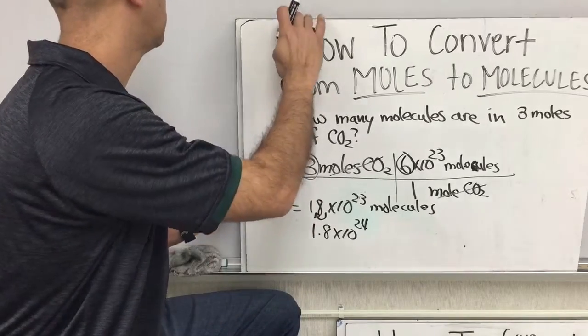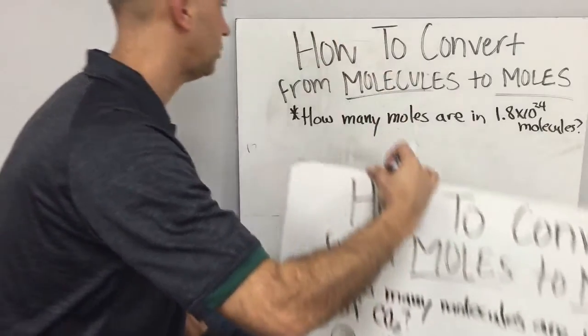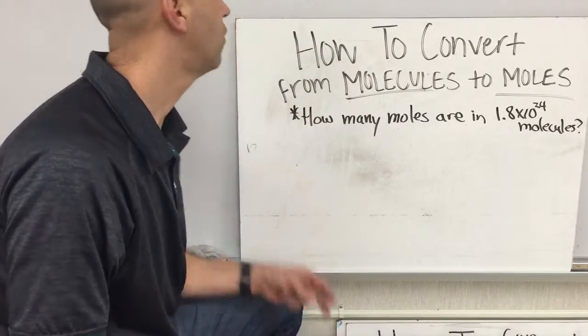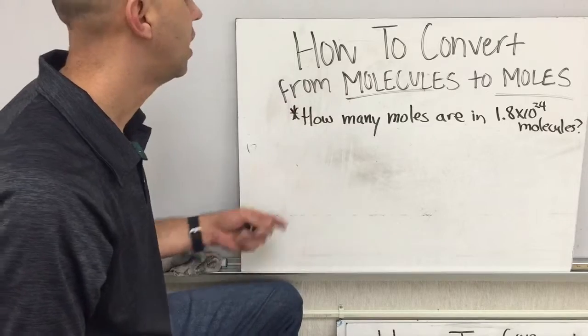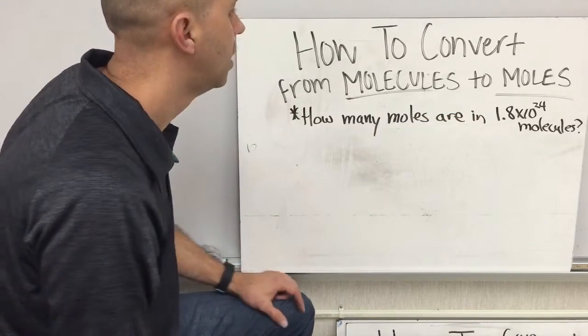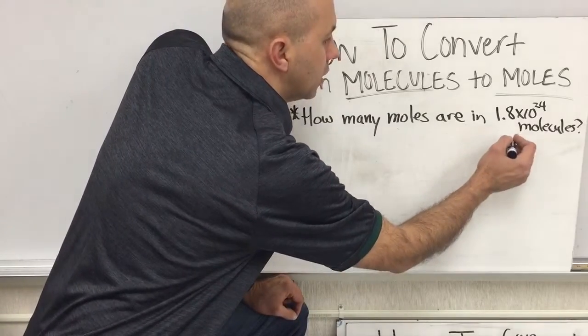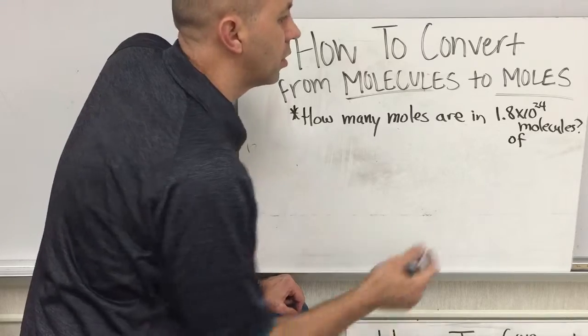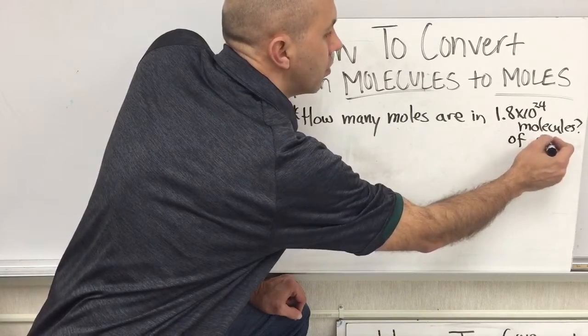Now let's try to do another problem. So I'm going to go from molecules down to moles. How many moles are in 1.8 times 10 to the 24 molecules of, let's try to do something, molecules of SO3.